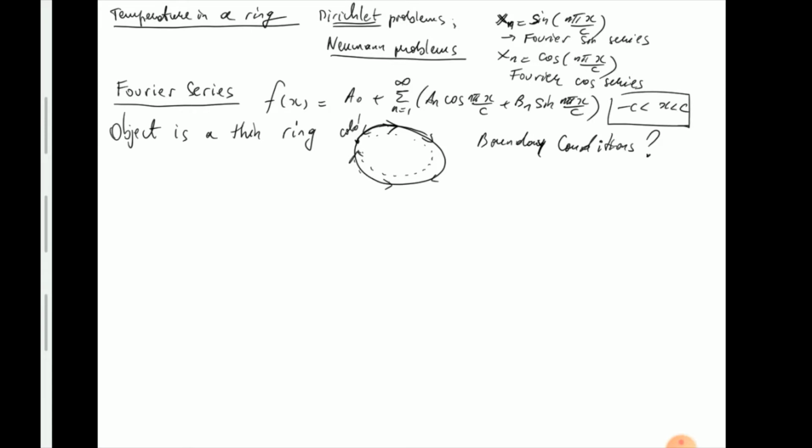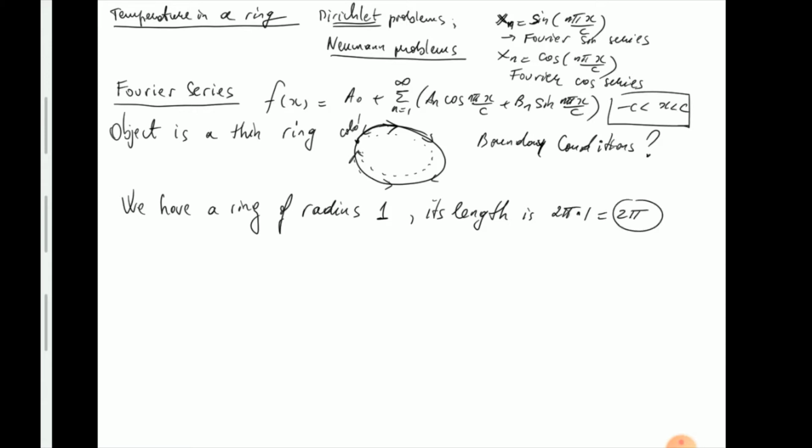So let's say we have a ring of radius 1, and we're going to identify the position in the ring. The radius is 1, so obviously its length is 2 pi times the radius, so the length of the ring is 2 pi.